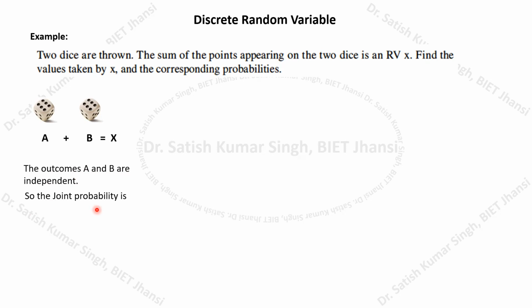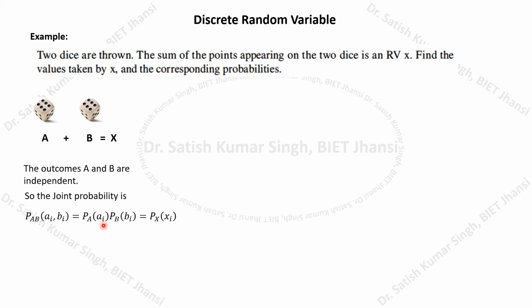Let us suppose the random variable A is taking a certain number a_i, and B is taking b_i. The joint probability that A and B take a_i, b_i will be equal to the product of these two independent probabilities. So this joint probability is the multiplication of the two independent probabilities: the probability that the outcome of your first dice will be a_i, multiplied by the probability that the outcome of your second dice will be b_i.